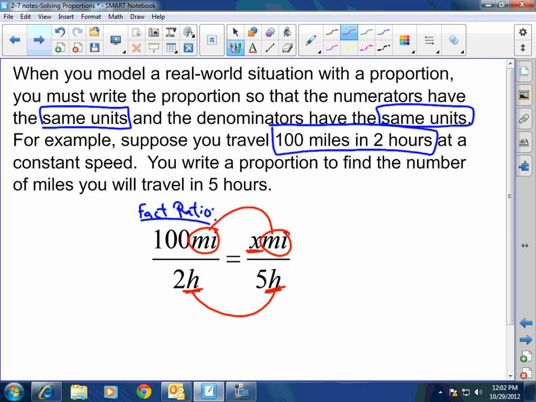If you don't go unit to unit, you will get the wrong answer 99.9 times. Maybe you'll get lucky 0.1 time. But odds are you're going to get it wrong always because you set it up incorrectly. It's got to go unit to unit after I have already set up my fact ratio. And the fact ratio will always be given to you. We cool? All right.